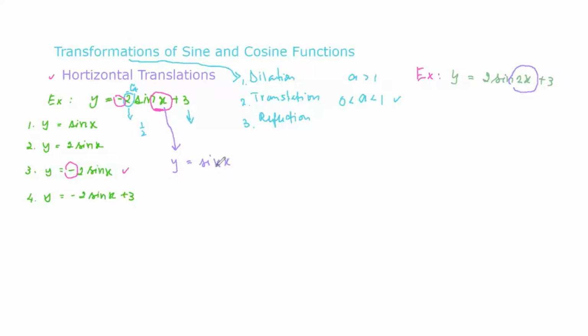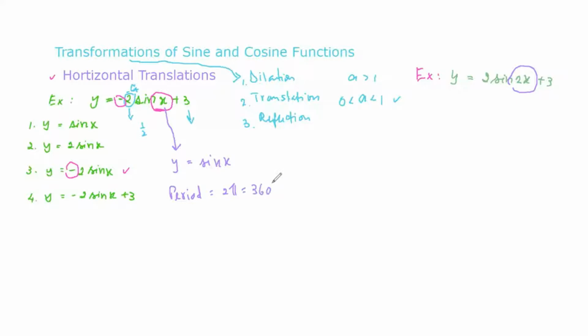One complete cycle equals 360 degrees, using the period formula, because for sine and cosine one cycle is 360 degrees, or 2 pi.